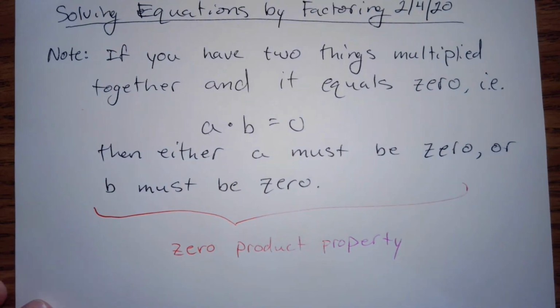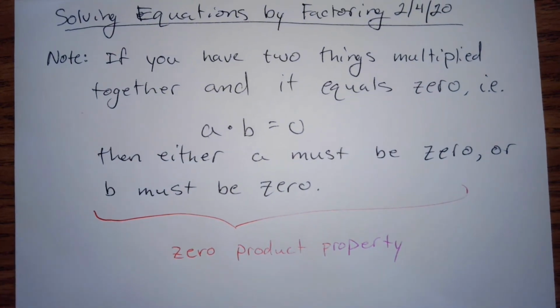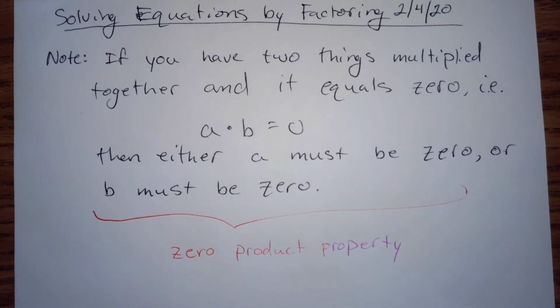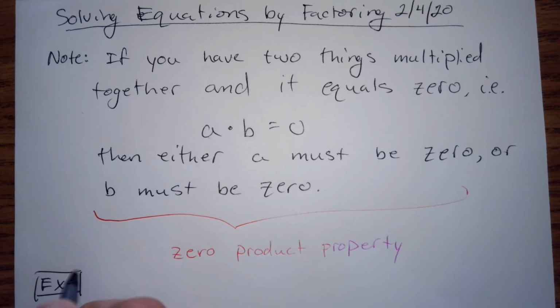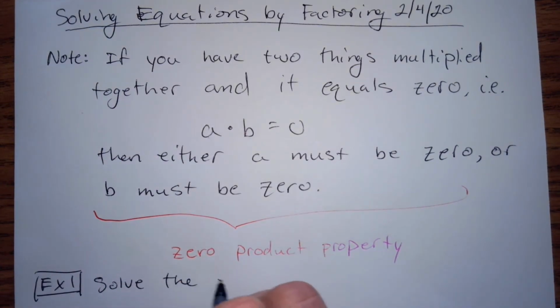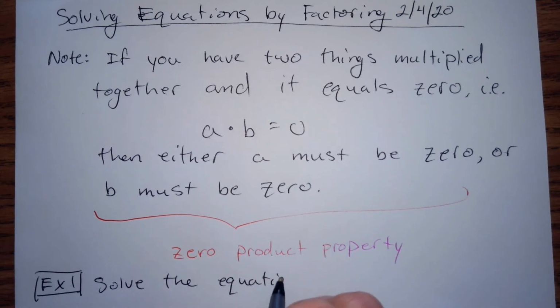So, what is the point of all of this? What I'm saying is we're going to use this idea to solve an equation after we've factored it. So, for example, 1. Solve the equation by factoring.